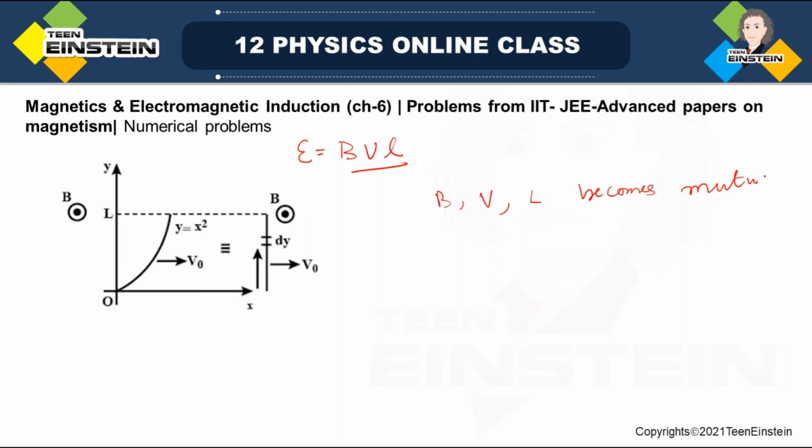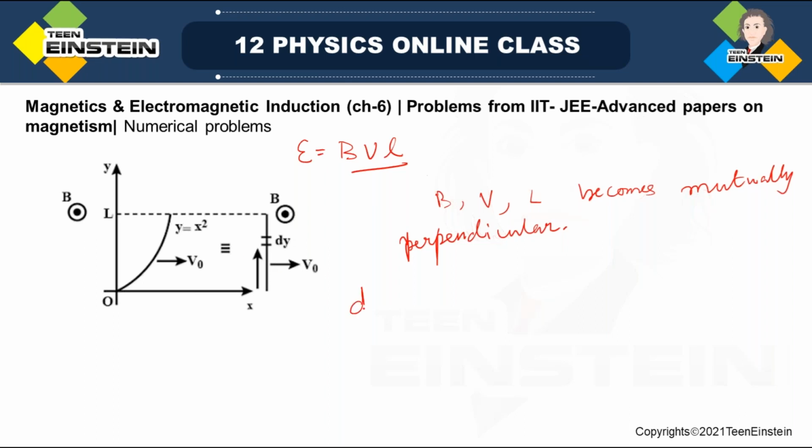We are just projecting this in this way, so that B, V and L become mutually perpendicular.